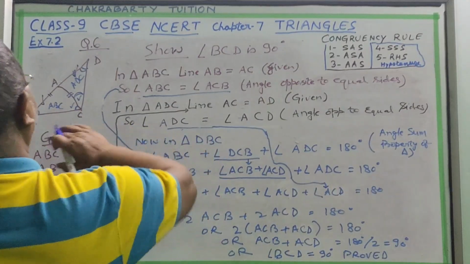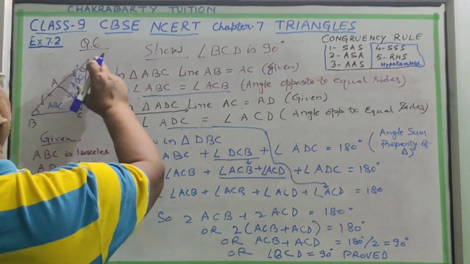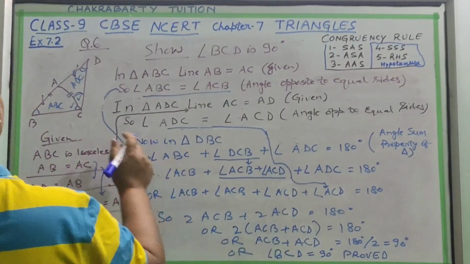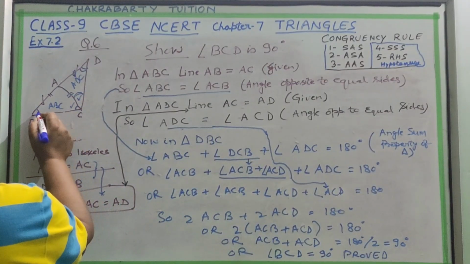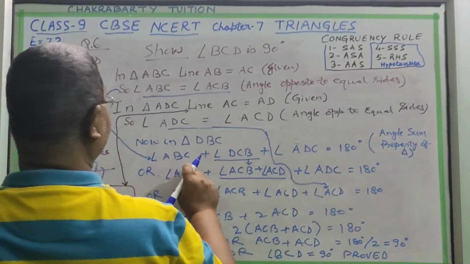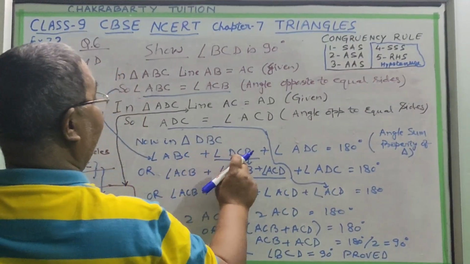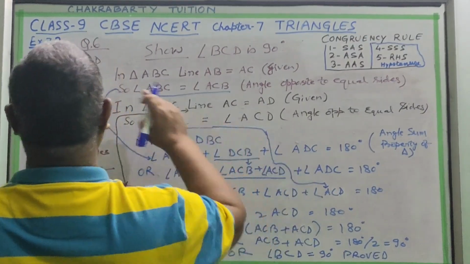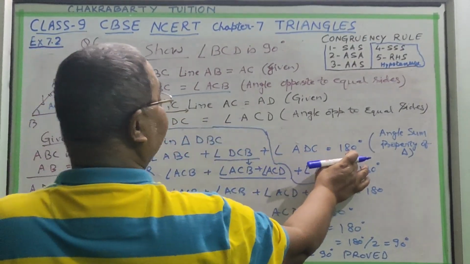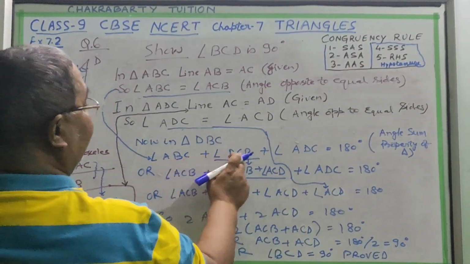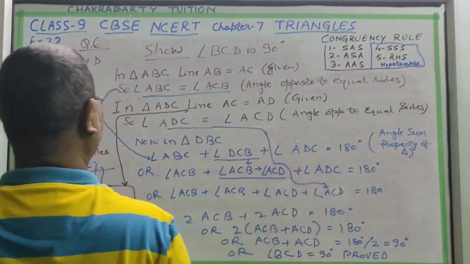Okay. Now we take the full triangle. In triangle DBC, angle ABC means this angle, plus angle C, and angle D. All these will be 180 degrees. Means angle B, angle C and angle D will be 180 degrees.